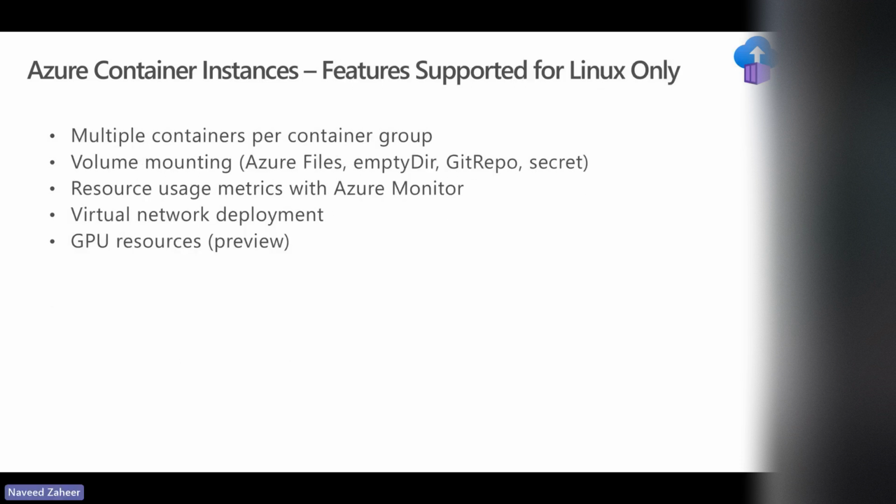Okay, just keep in mind that at this moment, most of the networking features and most of the features which make ACI a very compelling solution are only available for Linux. For example, virtual network deployment, GPU resources, file mounting, these things are only available at this moment for Linux.